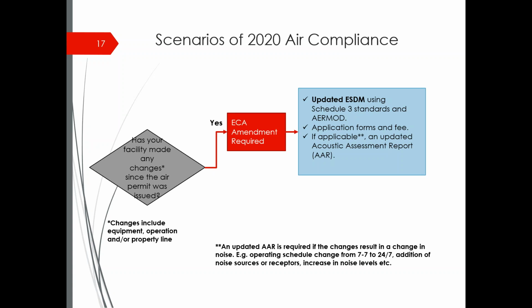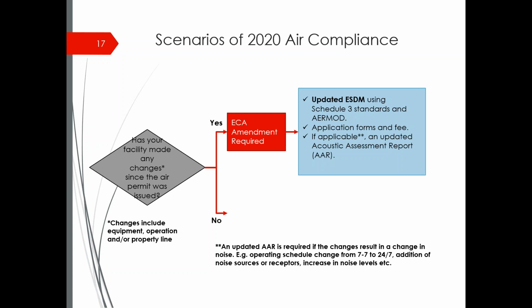If you used to be running from 7 to 7, now you're going 24/7, that's a change to noise. Or you're adding noise sources or receptors nearby, such as new homes built near you that haven't been assessed before, or you increase your production rate, which results in a change in the noise level. In these cases, you will be required to submit an updated AAR.